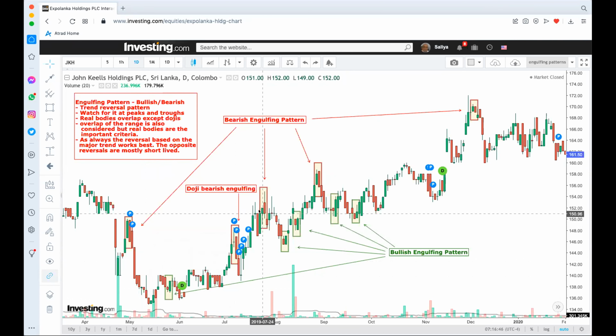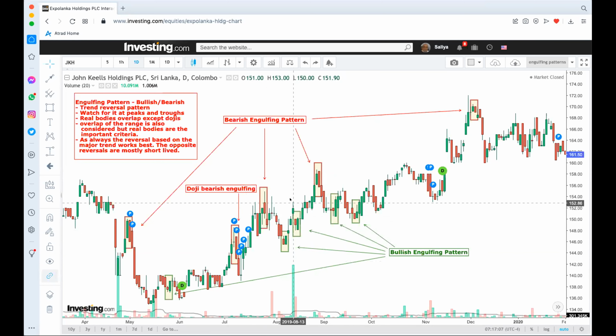And at this point, again, as I mentioned, there is a bearish engulfing pattern, which made the trend reverse to this level. And at this point, once again, you can see a red candle followed by a green candle where the body is engulfing the red candle.